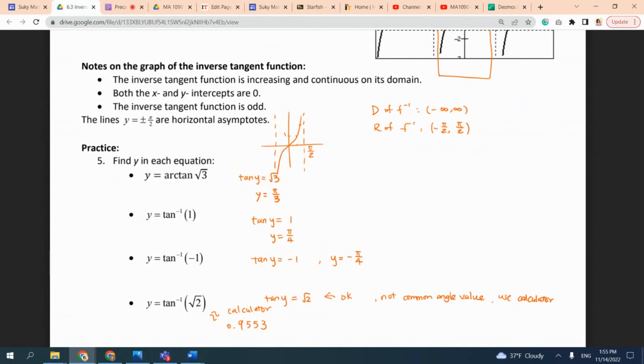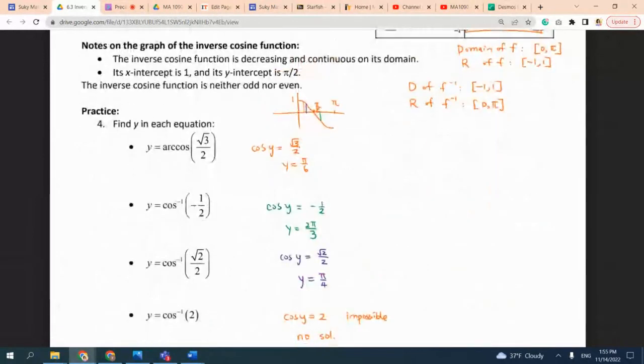That means tangent y is 1. What angle gives you tangent y equals 1? That is pi over 4. Okay, everybody? And negative 1? Negative pi over 4. And square root of 2? So tangent y is square root of 2. But this is not a common angle value, so you have to use your calculator. Okay, everybody? So it depends on whether they are common angle values, then you can figure it out.